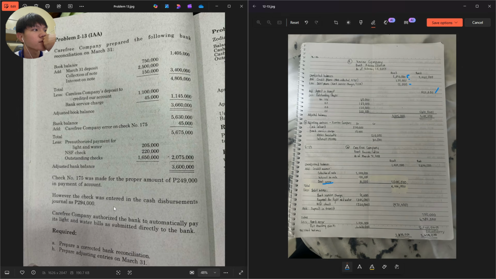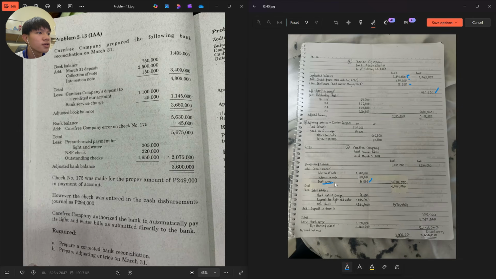So, therefore, you overstated the disbursement, meaning you overpaid, and they return the excess to you. So 294 minus 249, that's 45,000. Then here, 45,000. So 2,500,000, 50,000, 45,000 for a total of 2,695,000. And then you add that to the unadjusted balance per book in order to get your total of 4,100,000.